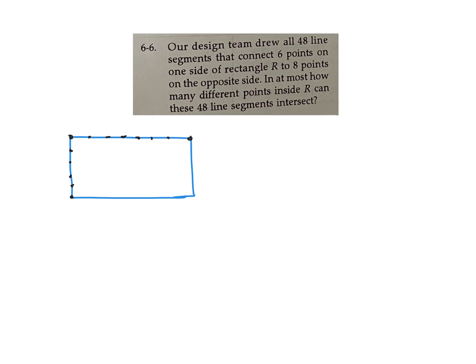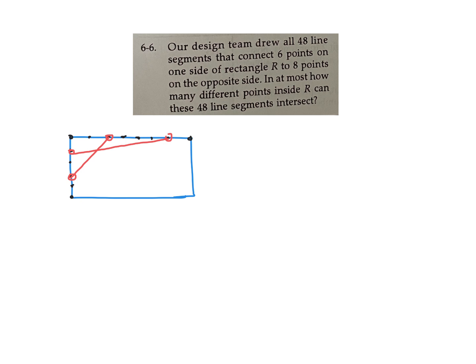So the total number, let's take an example. Let's choose some points. Let's choose this one, this one, and this one. And then let's draw lines in between. So from there to there, and from there to there.